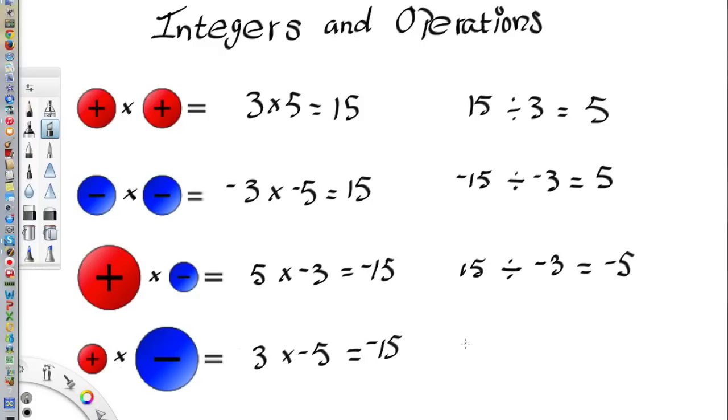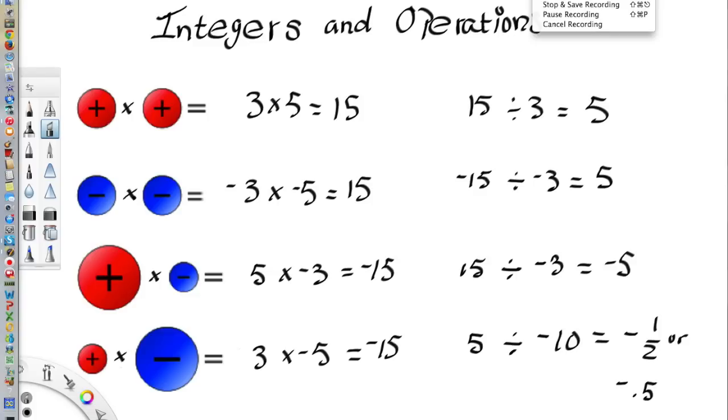And this would be interesting, let's say I have a positive 5 and I divide it by a negative 10, my answer is going to be a negative 1/2 or a negative 5/10. Because when your signs are the same, when you multiply and divide, your answer will be positive. When your signs are different, when you multiply and divide, your answer will always be negative.